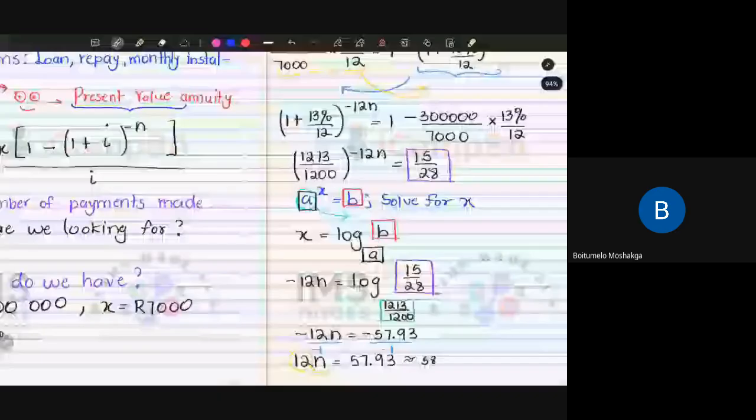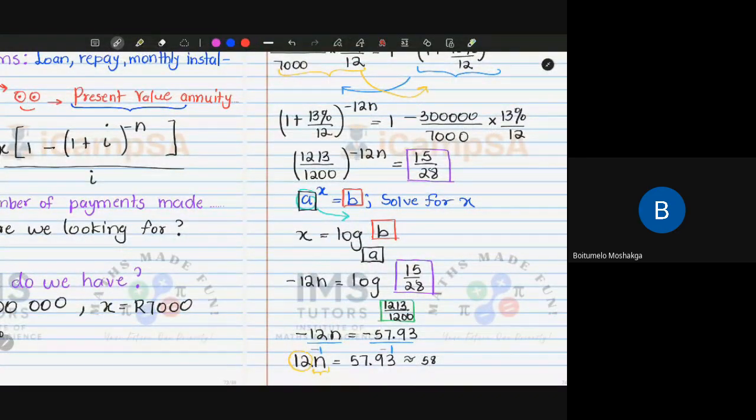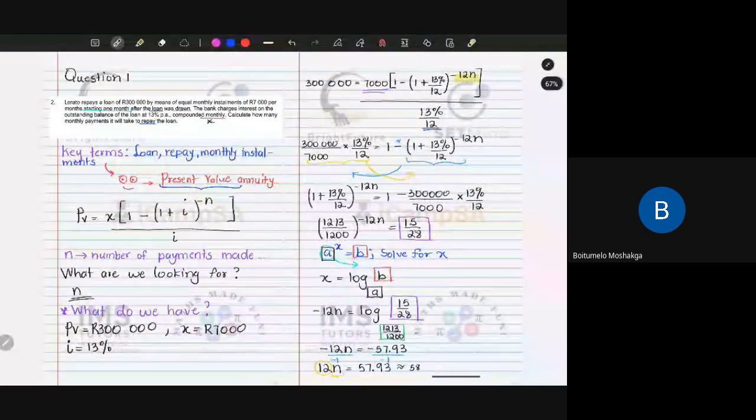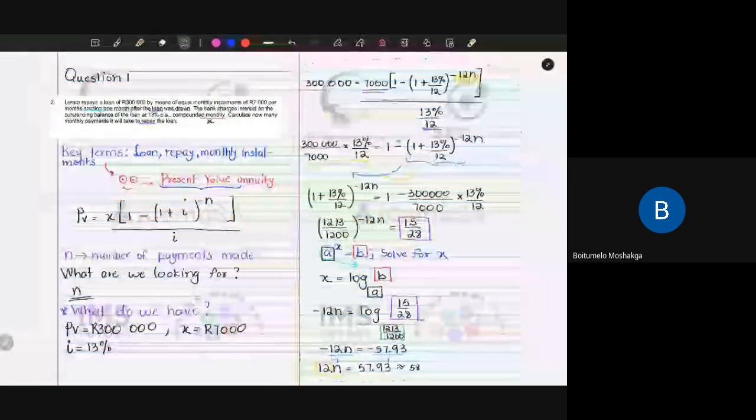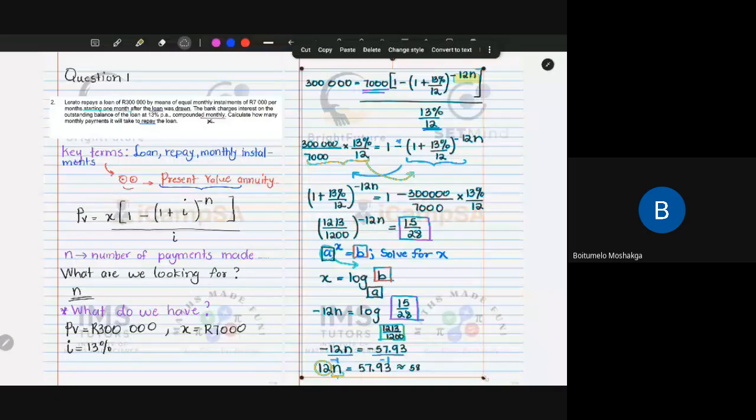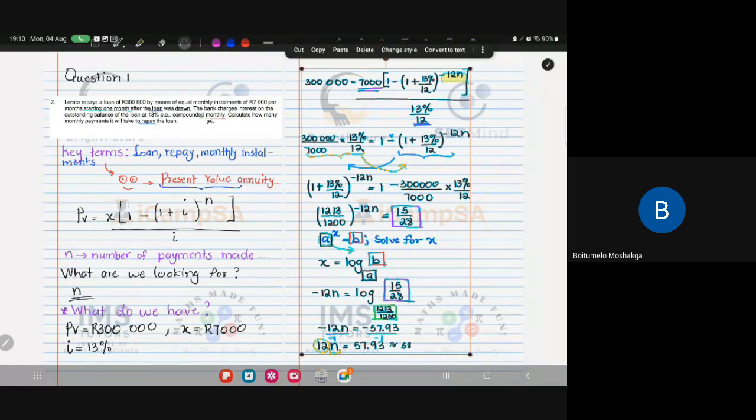And 12n currently is saying 57.93. We round it up all the time, so we get 58. So it means we need to make 58 payments for us to be able to pay off this loan. Is it making sense, guys? If it doesn't, just click the unmute button and I'm happy to assist.